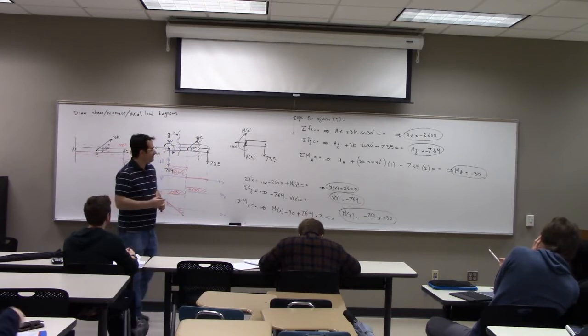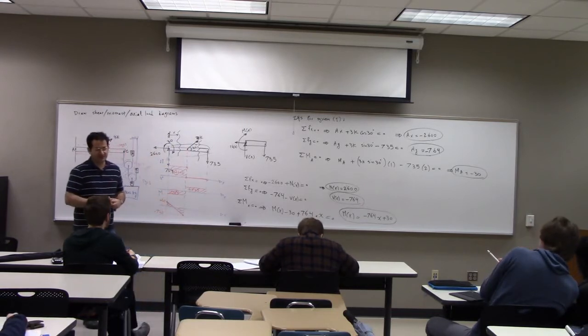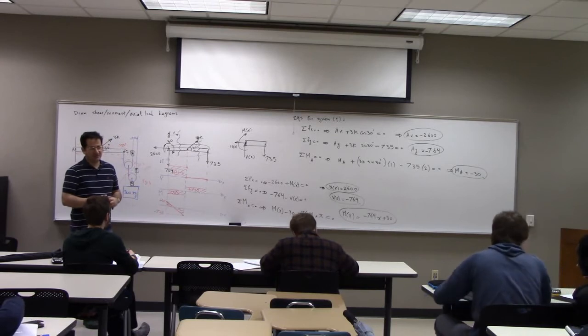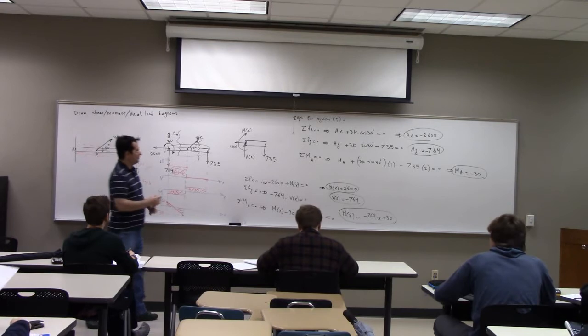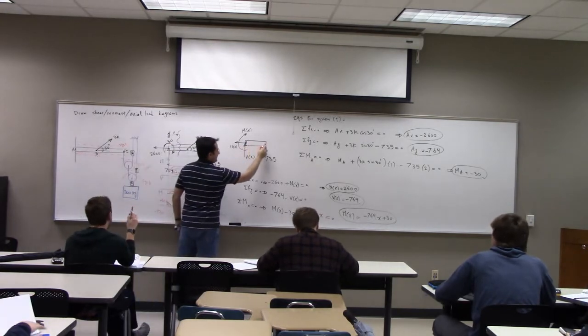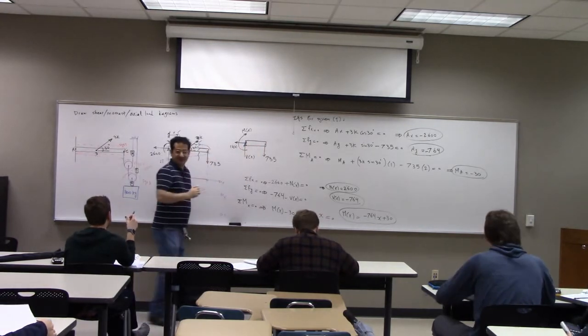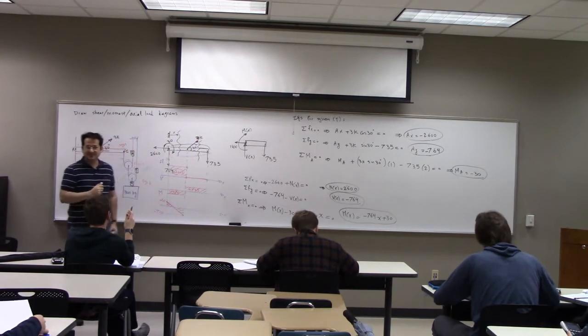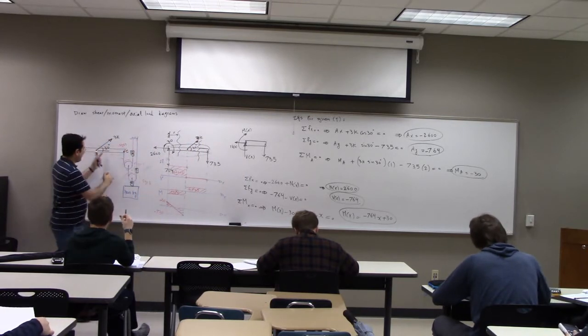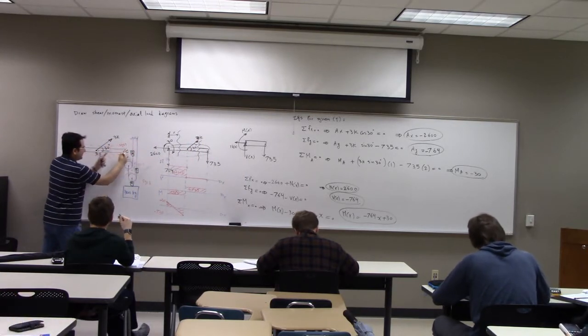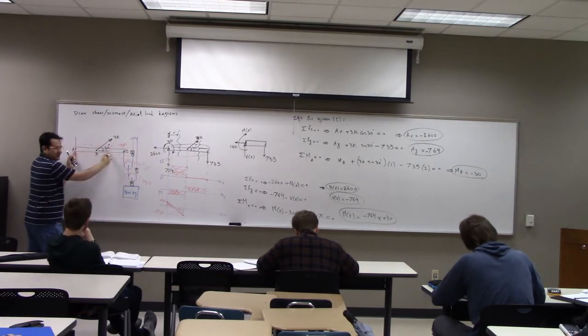What about the bending moment? 735 times what is your moment arm from here to here? Look, I'm cutting it from here to the right. So x is from here to here.